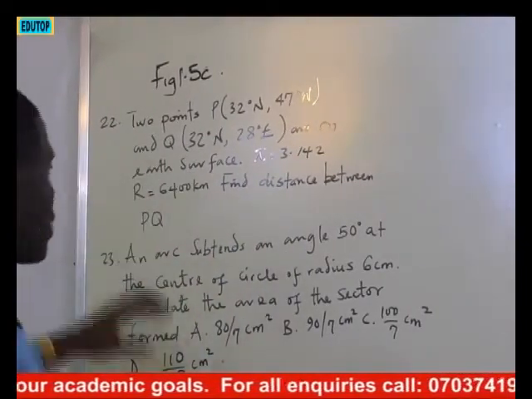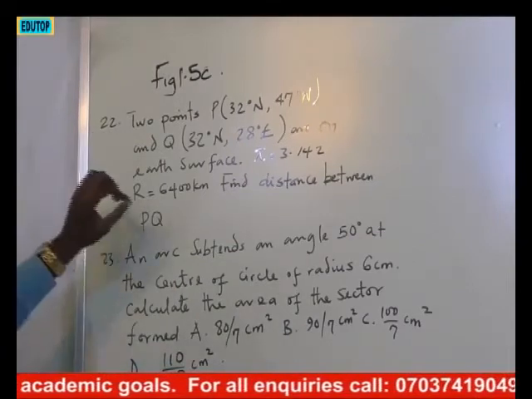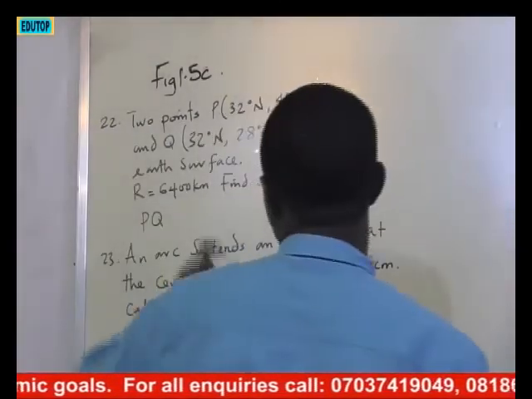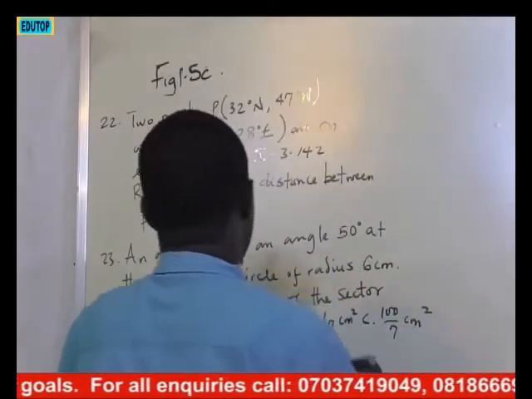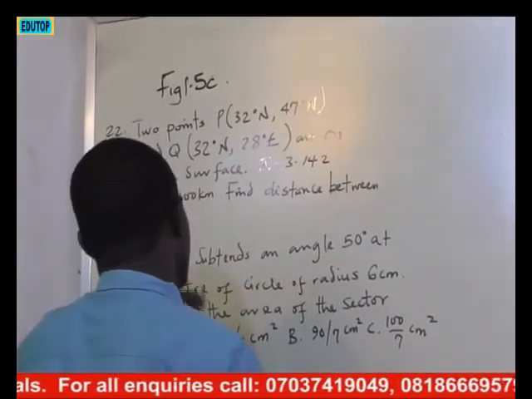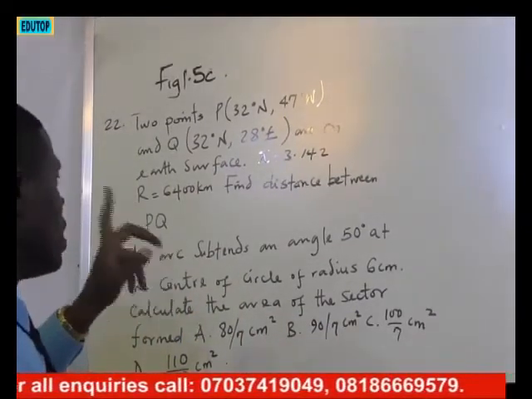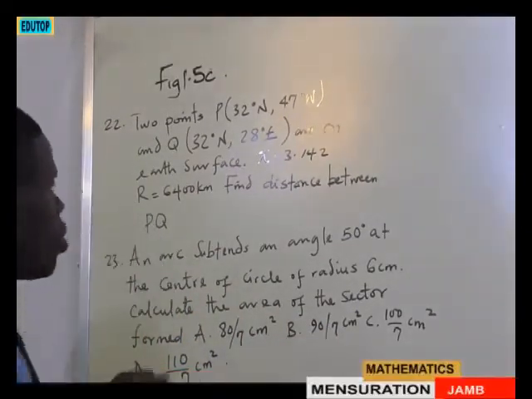Take note of that. That is why our attention is centered on calculating distances. So in this situation, 2 points P at 32 degrees north, 47 degrees west, and Q at 32 degrees north, 28 degrees east. You can see that the latitudes are the same.